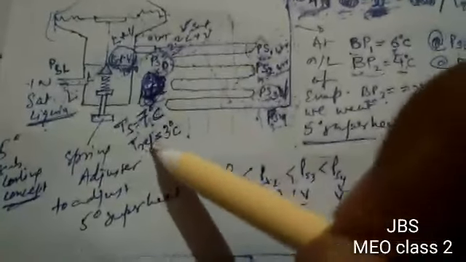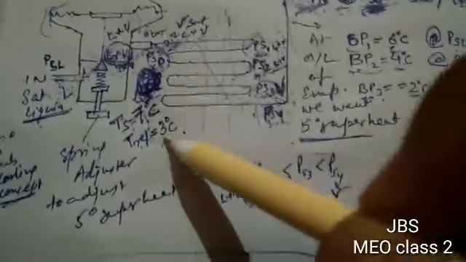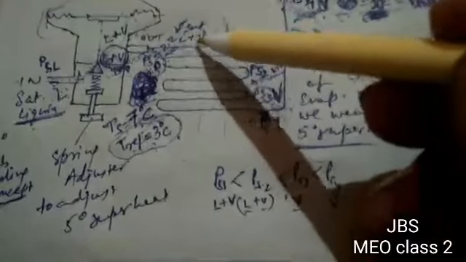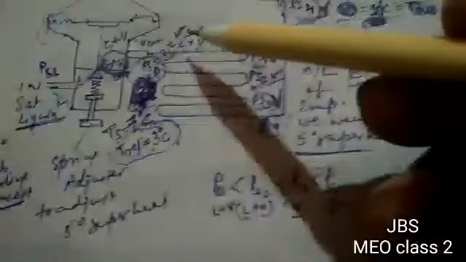But the temperature of the refrigerant is 3 degrees C here, and if any air with a temperature of more than 7 degrees C is there, this liquid plus vapor mixture will evaporate. That liquid will boil off, and it will get converted into vapor.